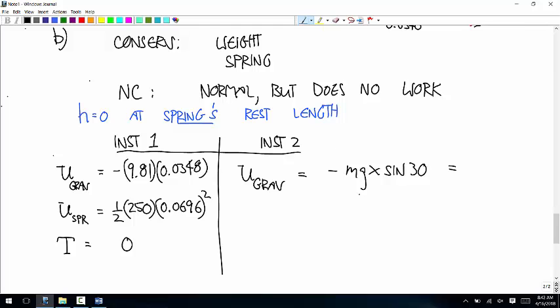So this is negative mgx over 2, and mg is 9.81. So this is negative 4.905.